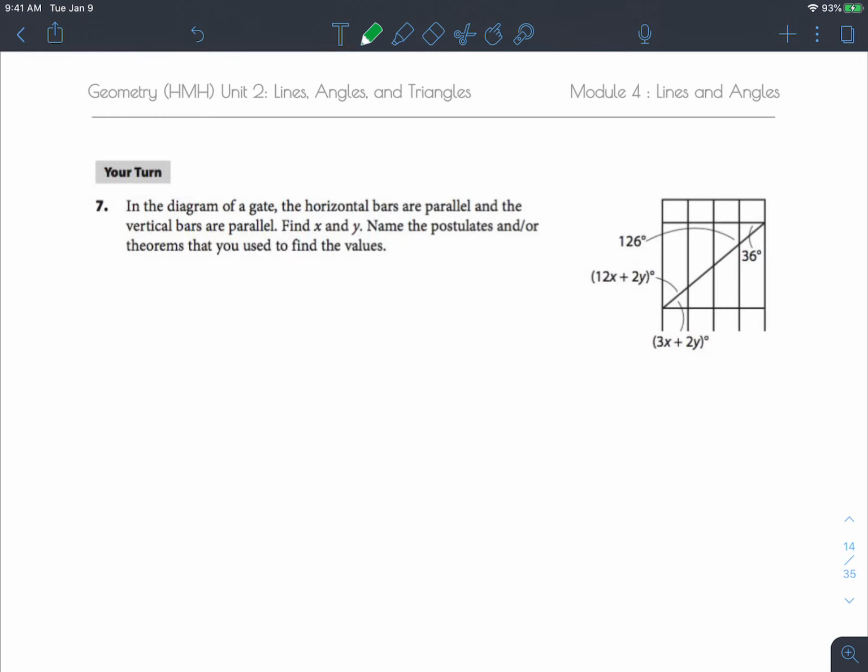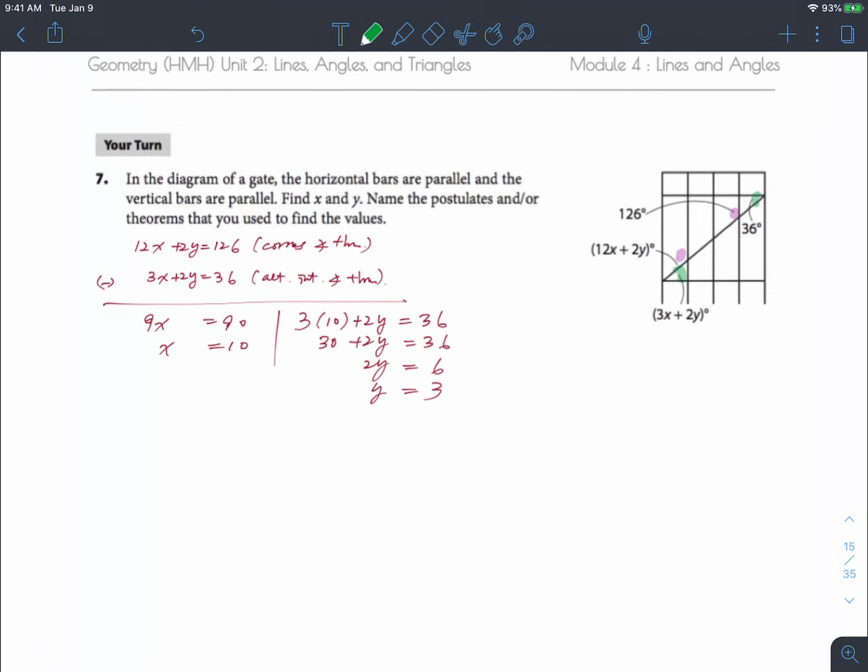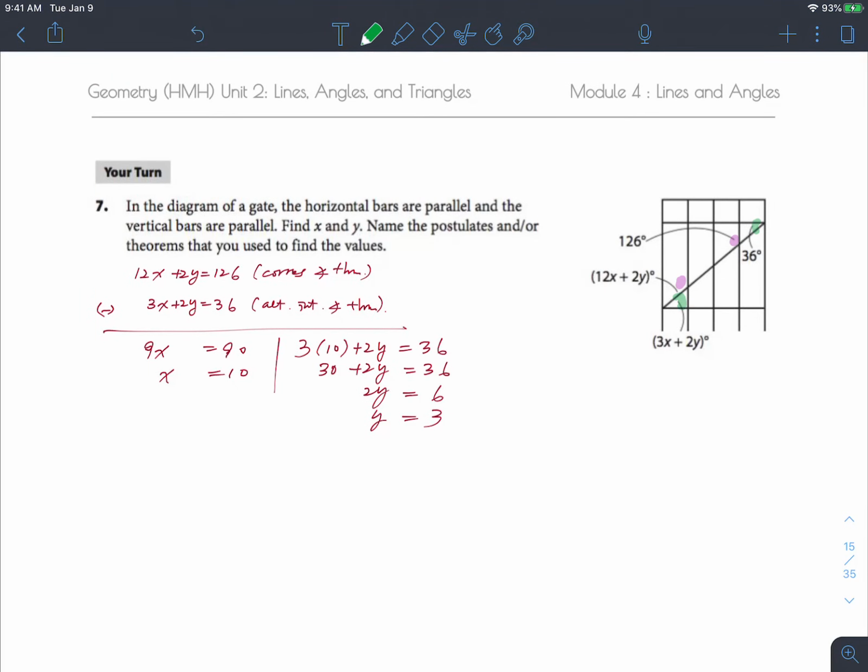Okay, guys. All right, so what did you get for the answer? This is what I have. Okay. So we know that if these two are parallel, right, this and this is the same. Yeah? And we know that's 126.